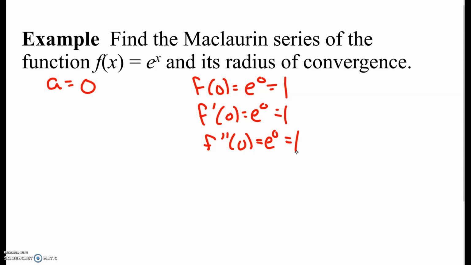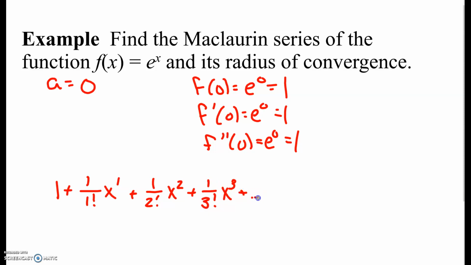So the terms in my series would be 1 plus 1 over 1 factorial times x to the first plus 1 over 2 factorial x squared plus 1 over 3 factorial times x cubed, and so on.